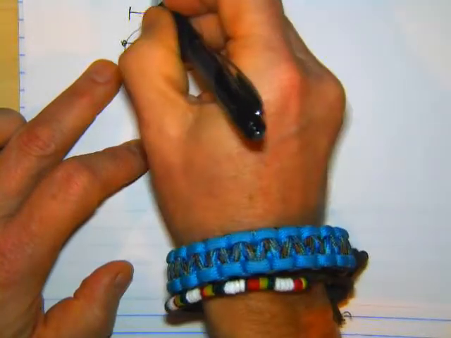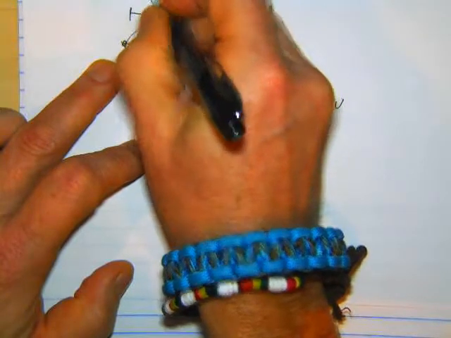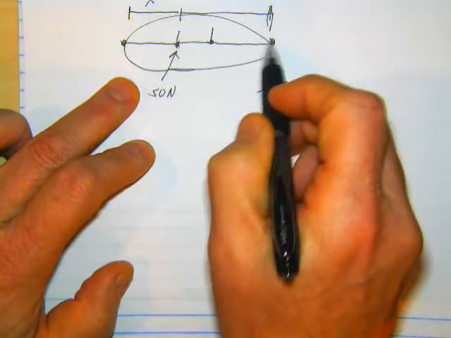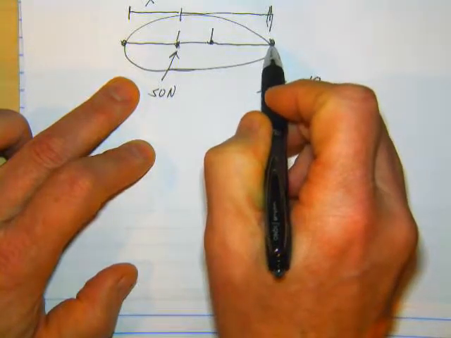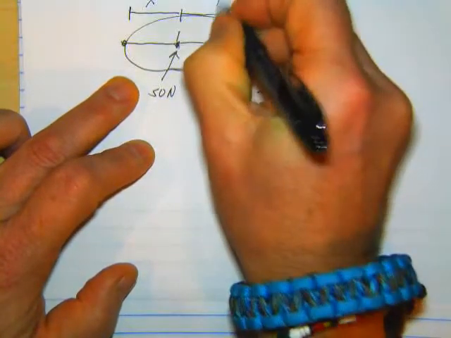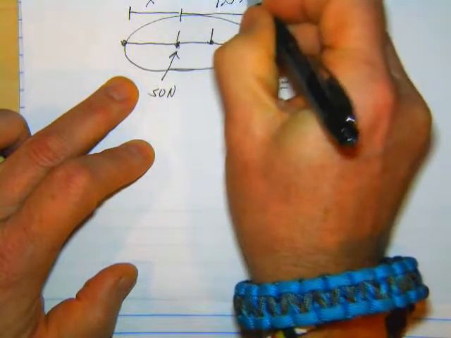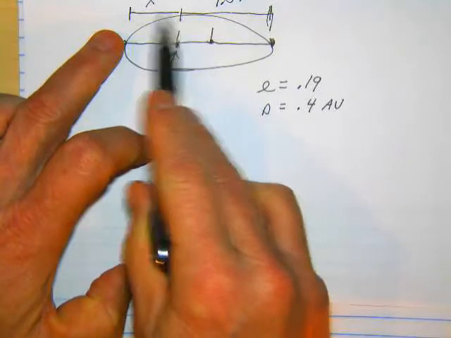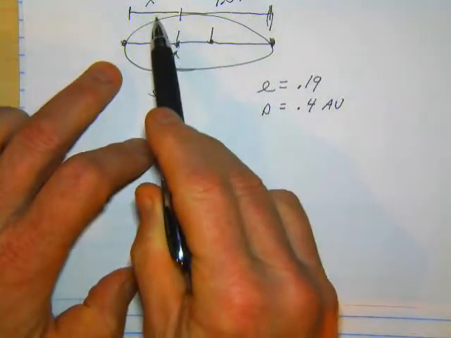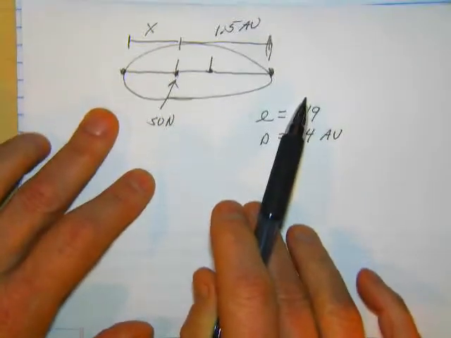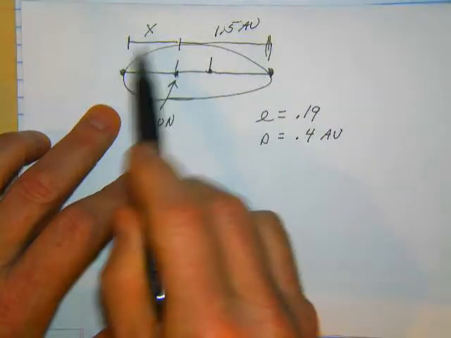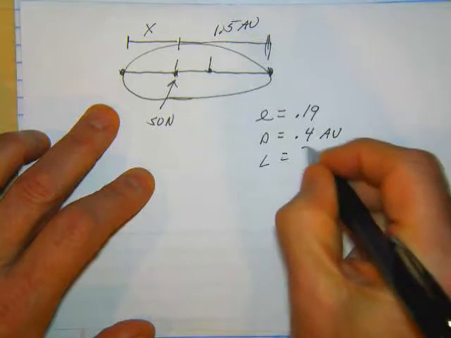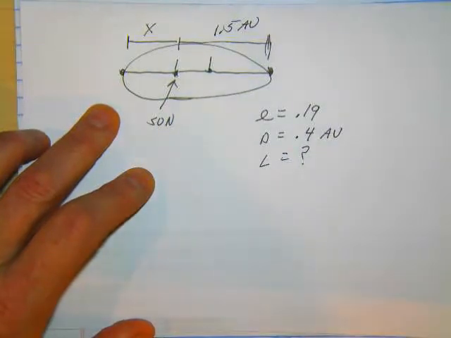We don't know this, so I'll call this X. We do know the distance between the sun and the aphelion, and we're going to call that 1.5 AU. So really, we've got to find this distance, but we can't unless we know L. We don't know L, so we need to find that.